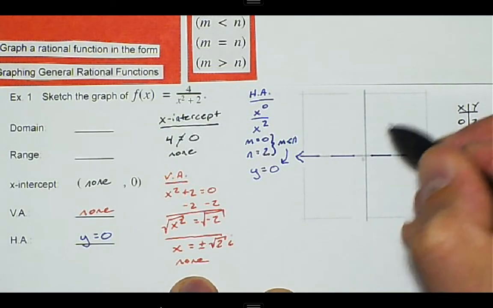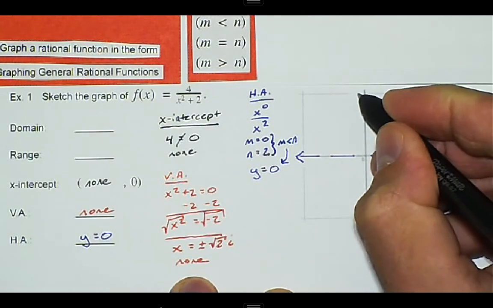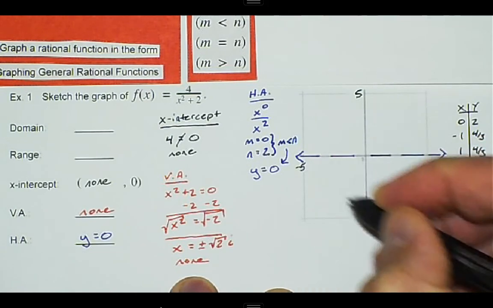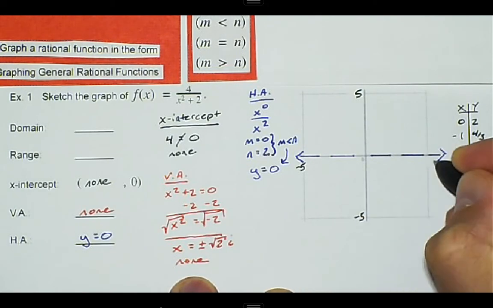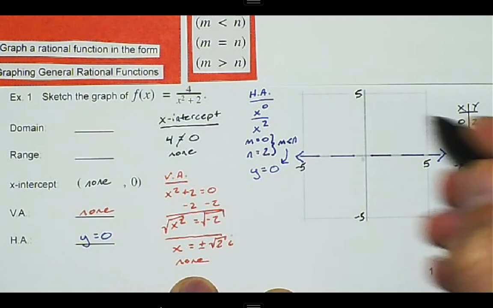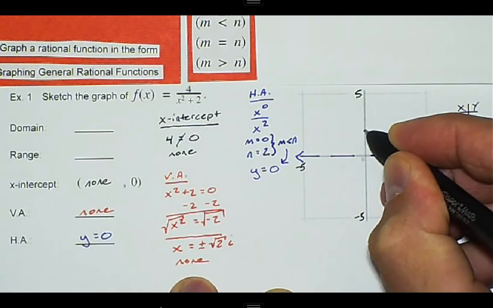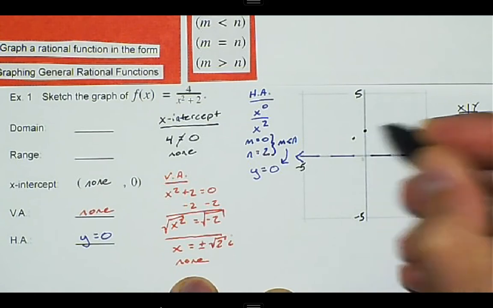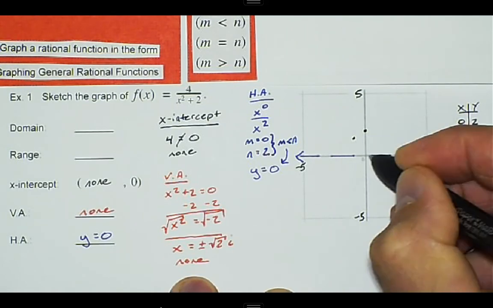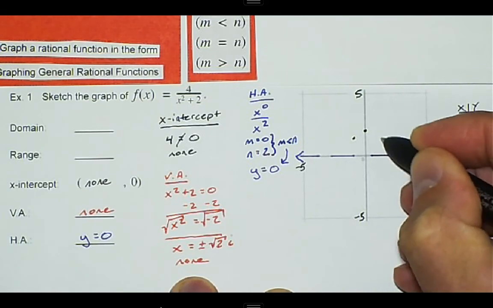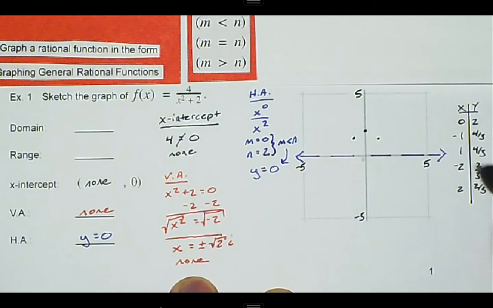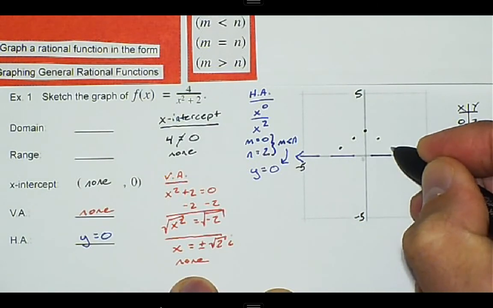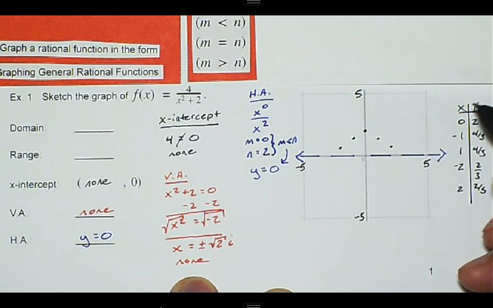So we have the point (0, 2). Let's say we count by 5s here, 5, -5. So we have the point (0, 2), (-1, 4/3), (1, 4/3), (-2, 2/3), and (2, 2/3).